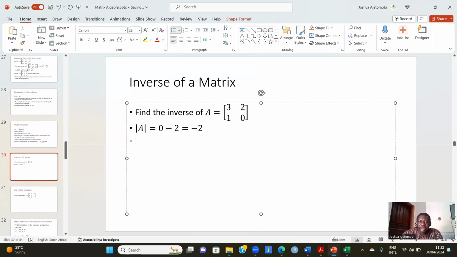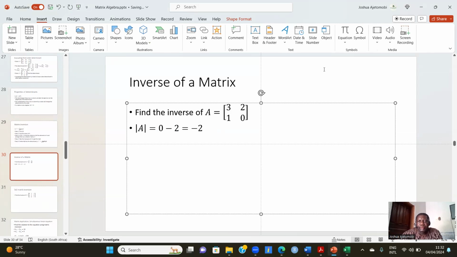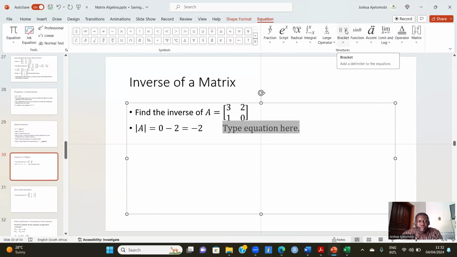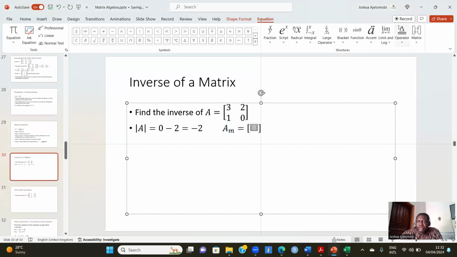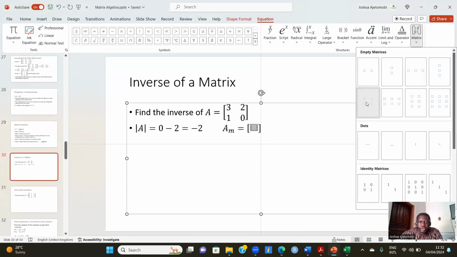So we say the next is to obtain the minor. Okay, so let's get a minor. Let's call the minor AM. It is a 2 by 2 matrix.